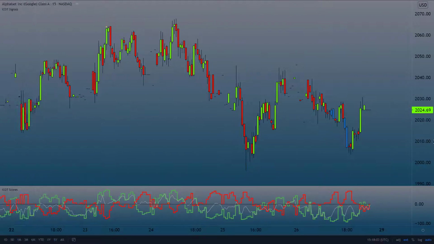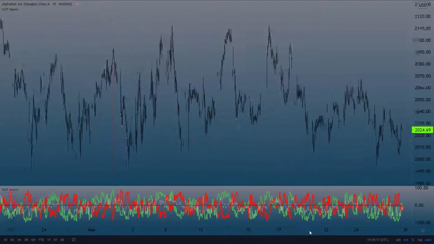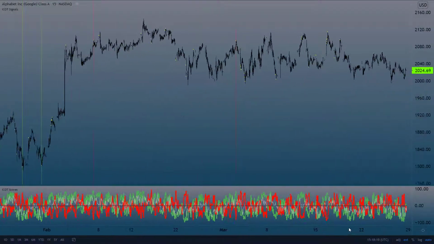So here we go, we've got Google in front of us once again without any vertical lines on it, but I just wanted to show you the recent price action in the market. We have a few signals, but I'd rather just scale out and show you those beautiful vertical lines that we really, really like. And those definitely are the most successful signals for the iCOT intraday indicator.